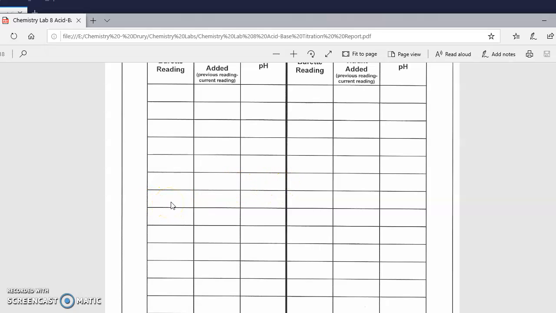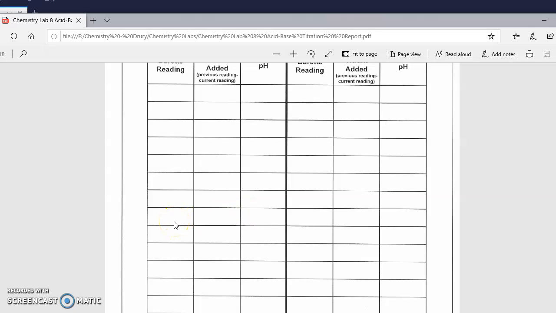Now we have 35.5, this is 9.5 added, and this is 6.28 pH. Then we go to 35.25. This is 9.75, and this is 6.59. You can see how we're slowly closing in on that pH of 7. And the next one gets us there.